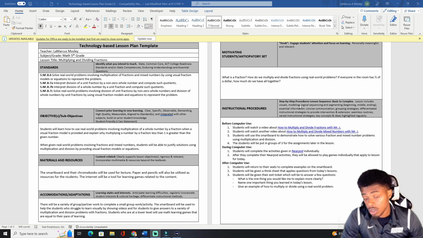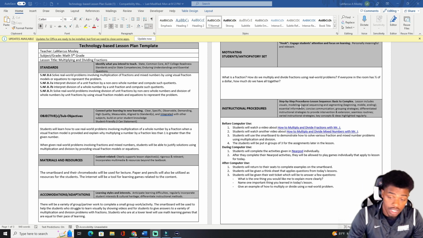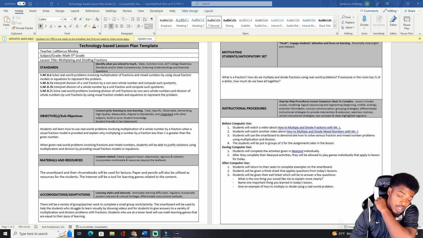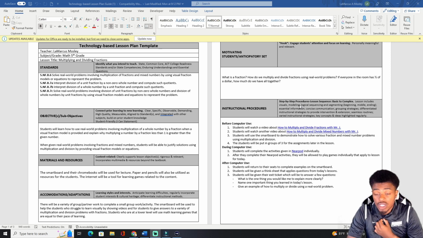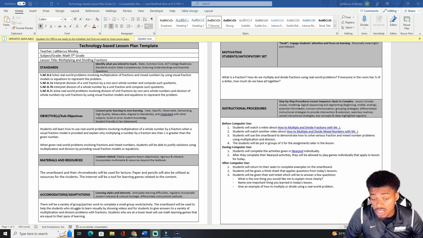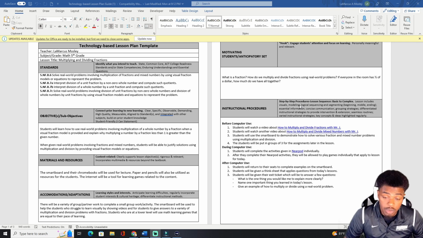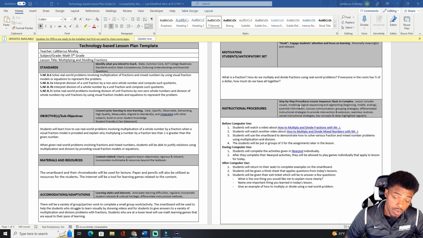Then after you complete your think sheet, you'll be given your exit ticket, which will be a few questions that I write down on the smartboard that state, what is one thing you would like me to explain more clearly? Name one important thing that you learned in today's lesson and give an example of how to multiply or divide fractions or mixed numbers using a real world problem.